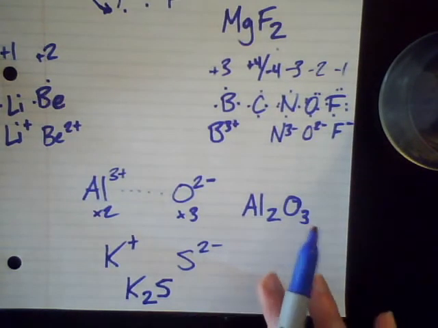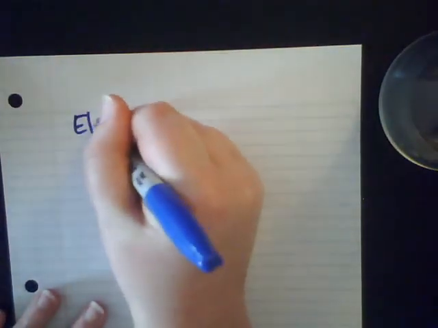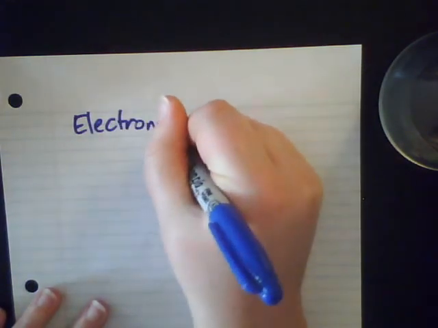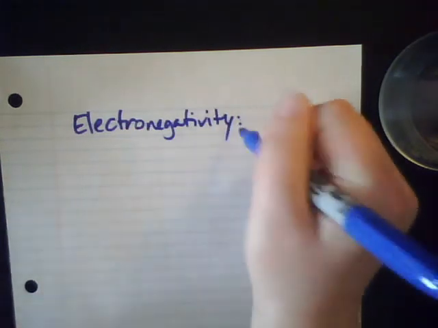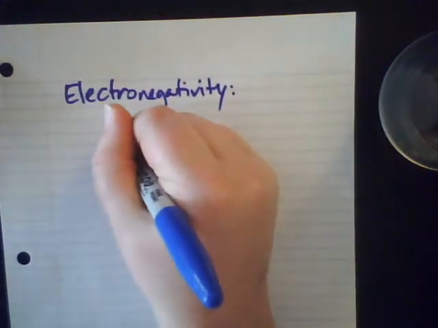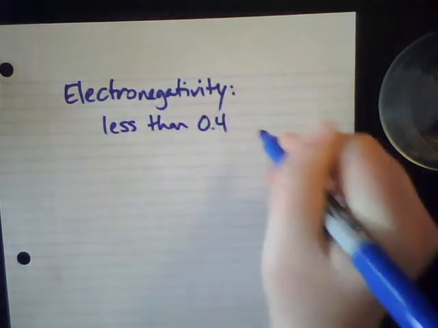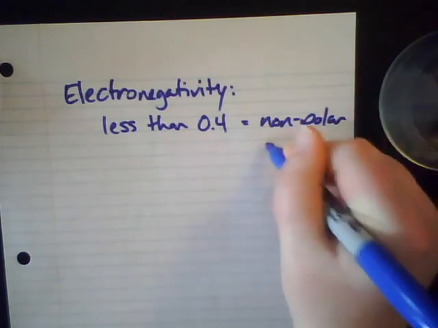Now I want to relate this back to what we talked about with the electronegativities of our elements. Before, I said with our electronegativities and the scale that we use, the Pauling electronegativity scale, that if it's less than 0.4, then that means that it's a non-polar covalent bond.